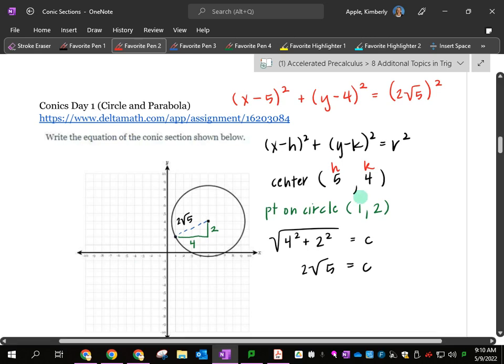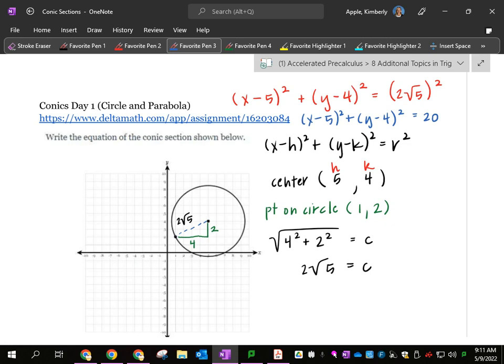That'll be 20. So that's what you should enter in the place where you are writing that equation. We're tracking how to plug this into the formula. Questions?